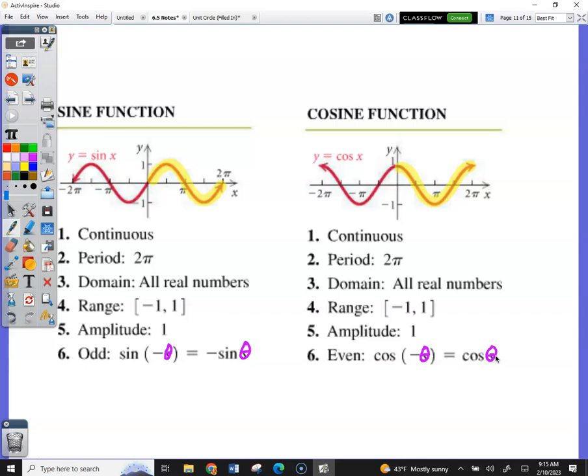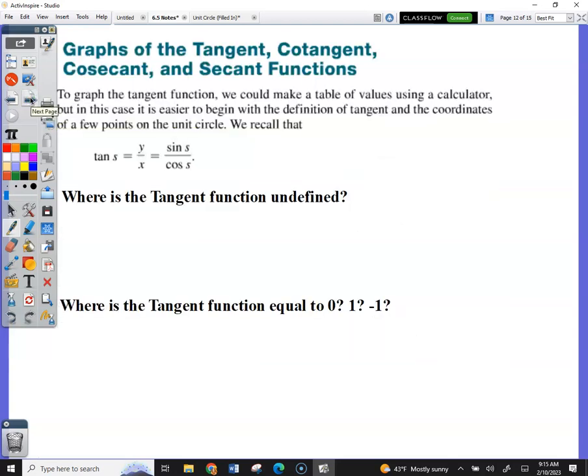The next slide is what you saw us doing already. We were writing it on the slide with the tangent graph. So here it is written out nice and neat. Where is the tangent function undefined? We said that it is any theta value that hits due north, right?